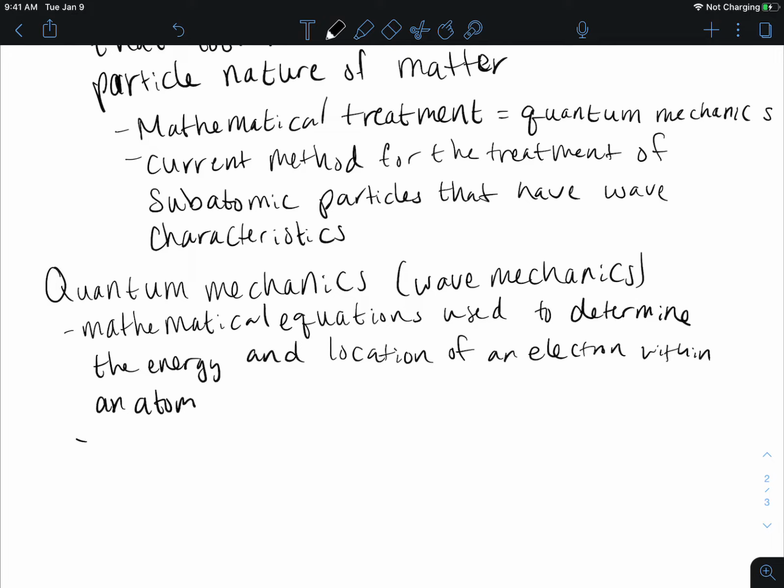So these mathematical equations came to be known as Schrödinger's wave equations, and it uses the symbol psi to describe the electron.